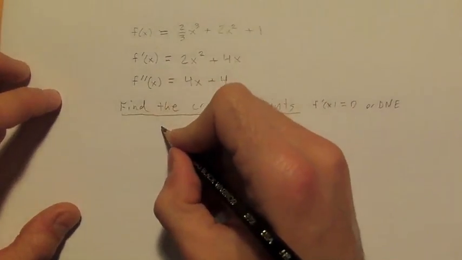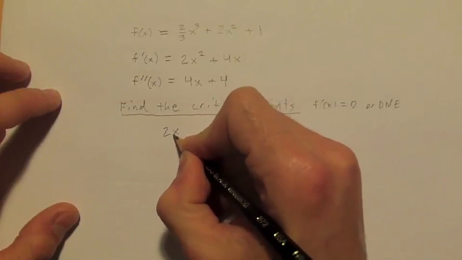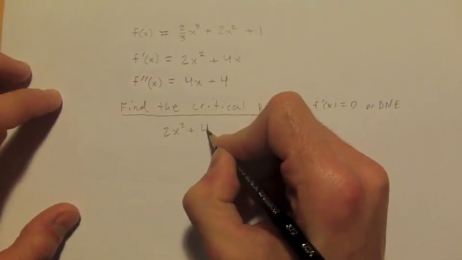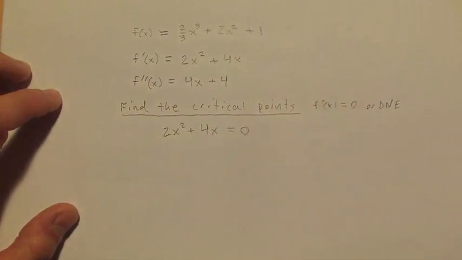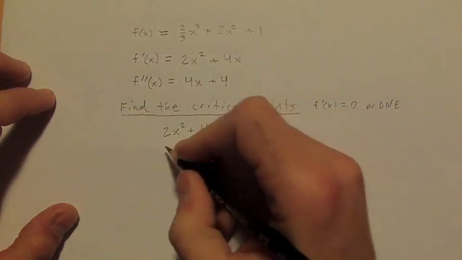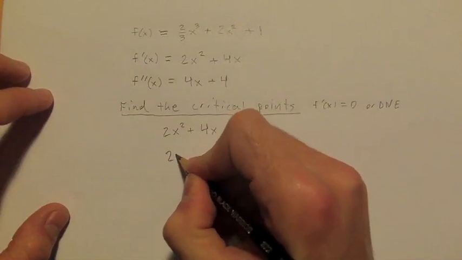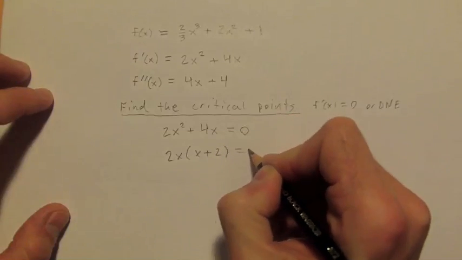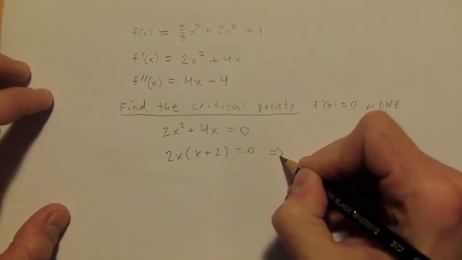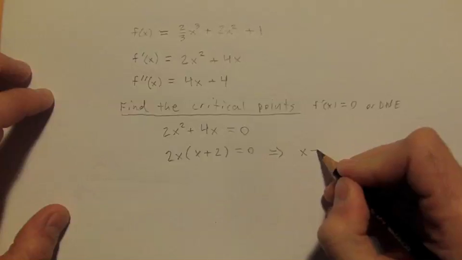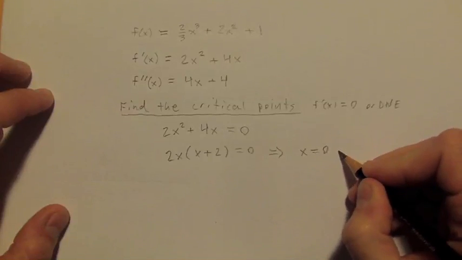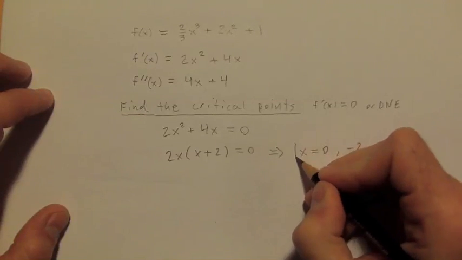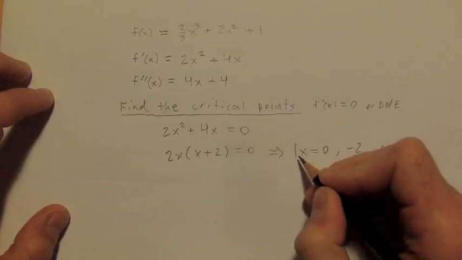So all we've really got to do is set 2x squared plus 4x equal to 0 and solve. And this is one where we can factor, so I'm going to factor out that 2x times x plus 2. And from here, it's very clear to see that x is equal to 0 or negative 2. So here's my critical points.